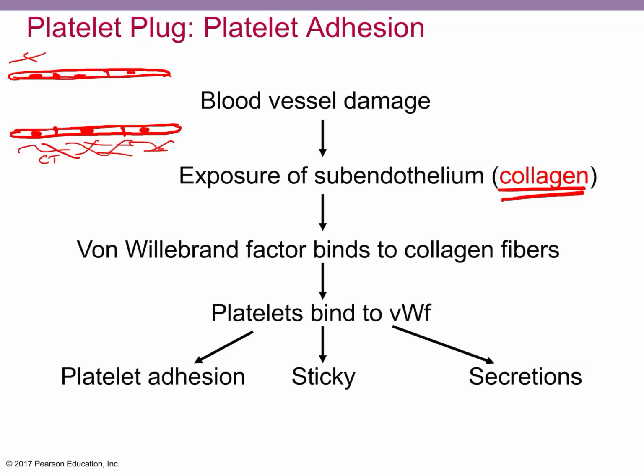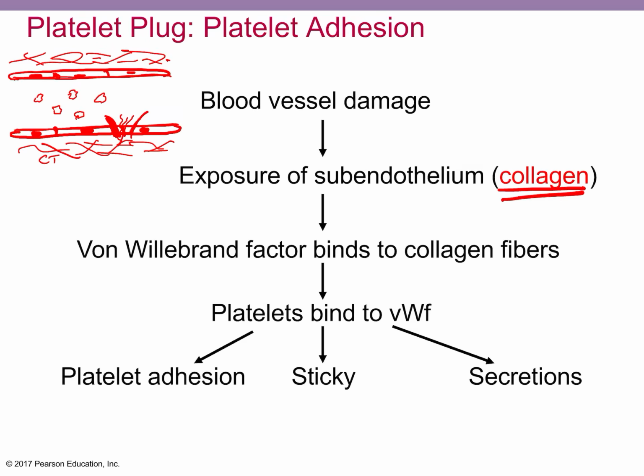And one of the major fibers in this connective tissue is collagen. So we're going to have collagen right underneath our endothelial cells. And in a normal blood vessel where it's not broken, the platelets, these little platelets, are never going to see that collagen. The von Willebrand factor is never going to see that collagen.